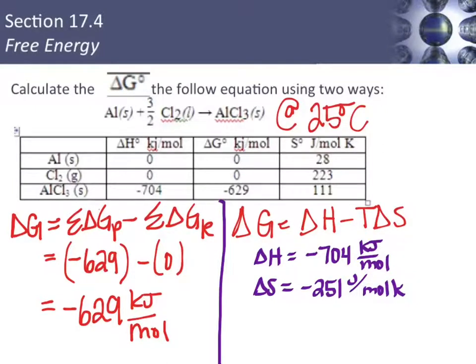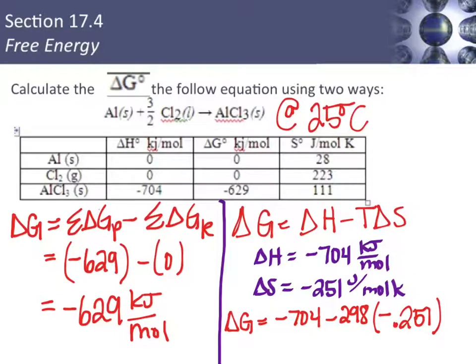So now we plug this in to delta G, and delta G is going to be negative 704 minus my temperature, which is 298, times my S. We're going to put it in kilojoules, so it's 0.251.